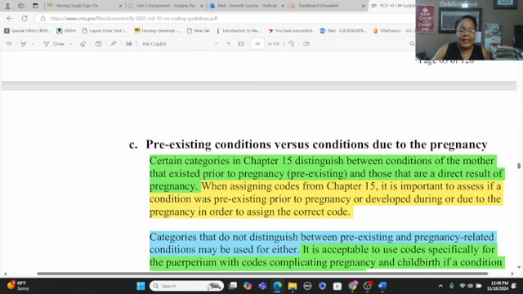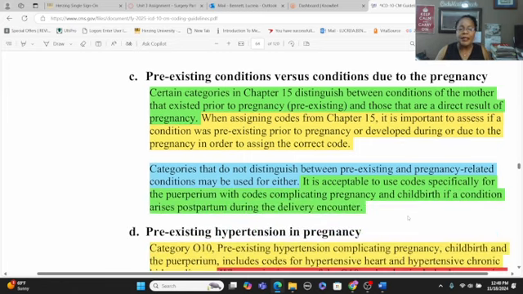So when assigning codes from Chapter 15, it's important to assess if a condition was pre-existing prior to the pregnancy, or did it develop, or is it due to the pregnancy, in order to assign the correct code. Categories that do not distinguish between pre-existing and pregnancy-related conditions may be used for either.